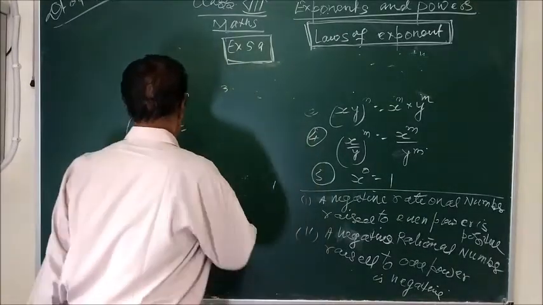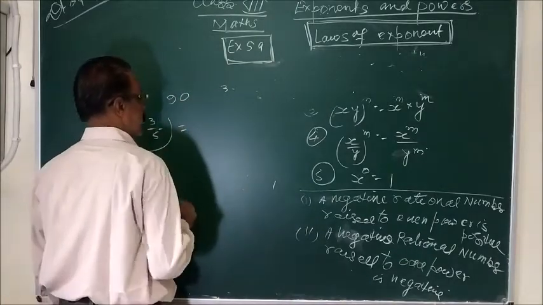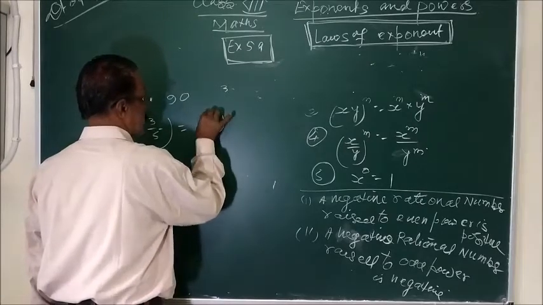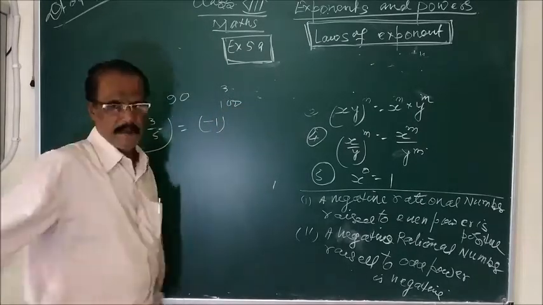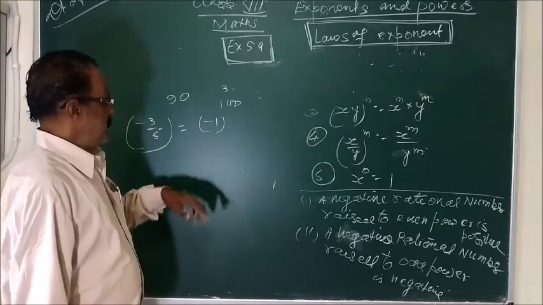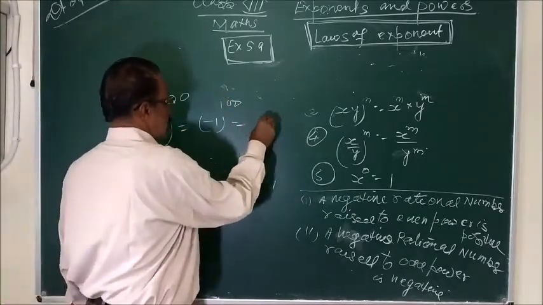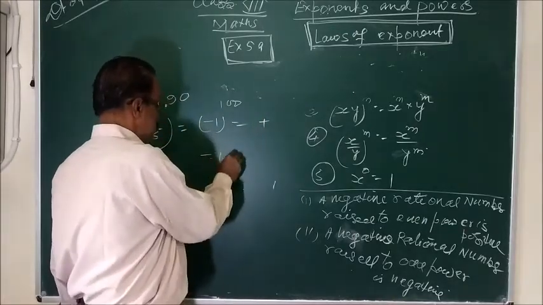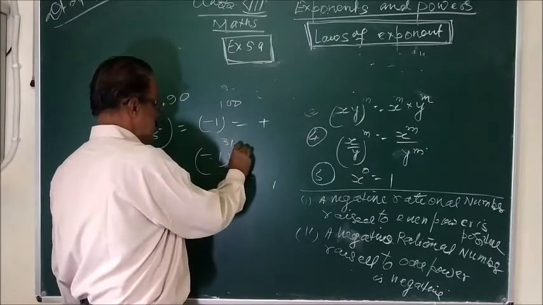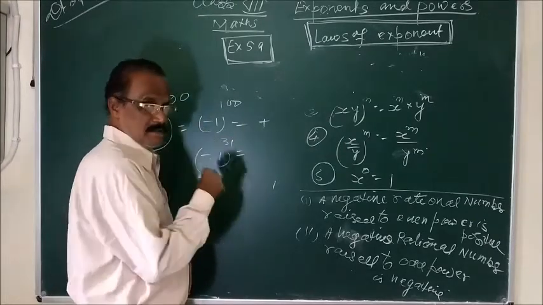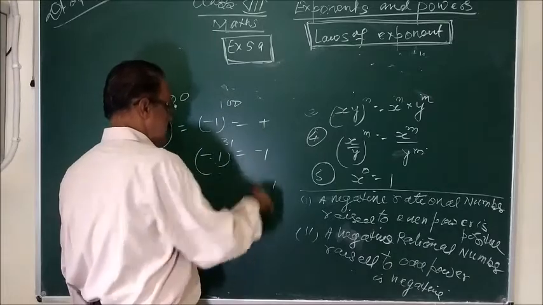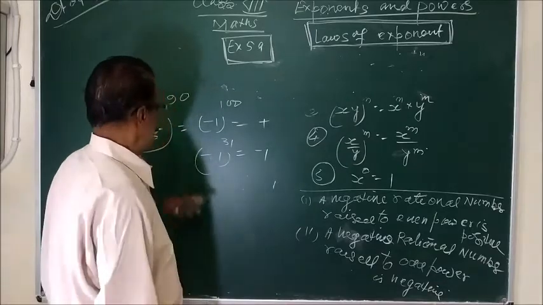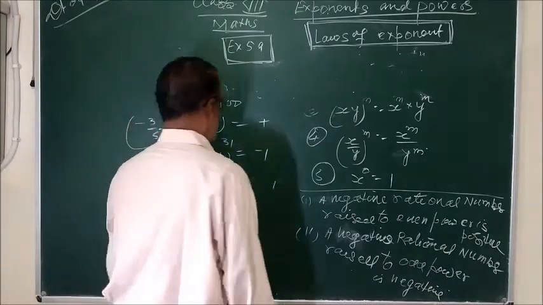For example, -1 power 100, what will be the answer? Negative rational number, power is even, so you will have positive. Suppose -1 power 31, so you will get -1 into -1 and so on, no need to do it, you write -1 because the power is an odd number. So these are the rules, and you will remember.